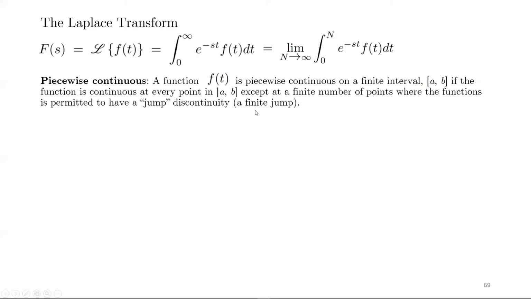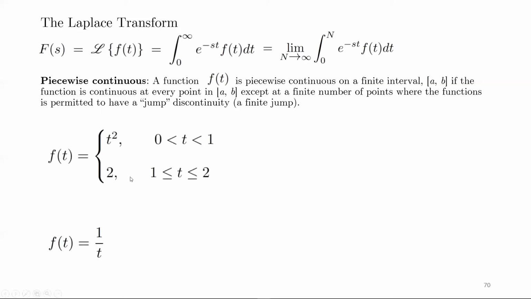Okay. So for example, if I look at these two functions, f of t equals t squared between 0 and 1, but it's equal to 2 for t between 1 and 2. So this function here is piecewise continuous on the domain 0 to 2, because the jump at t equals 1 is finite.